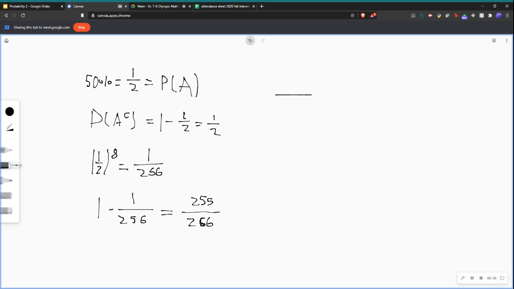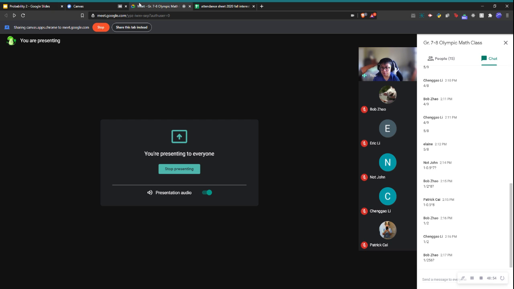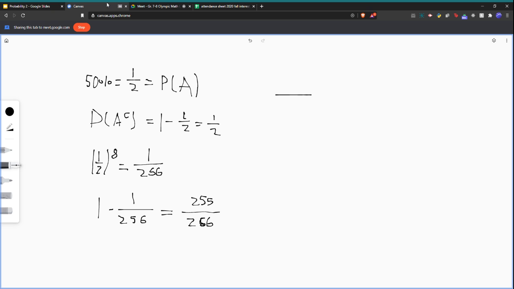Can someone tell me the number of ways to get 3 cards from 52 cards? You just say that's choose notation. Yeah, 52 choose 3. So here we're looking at 52 choose 3 as our denominator.